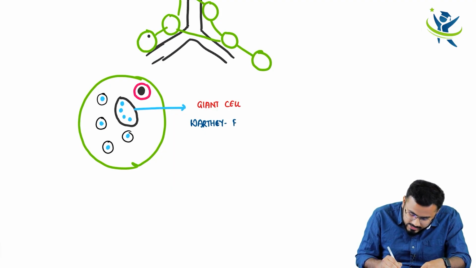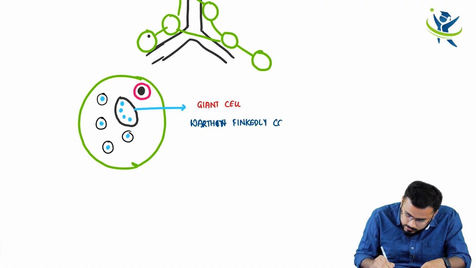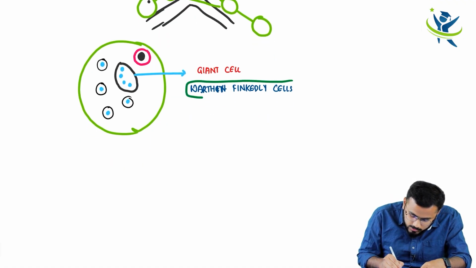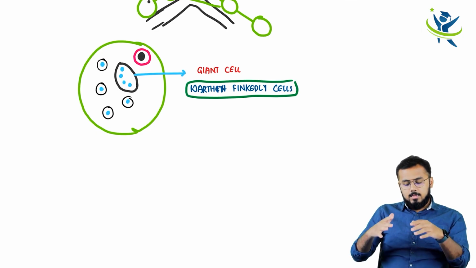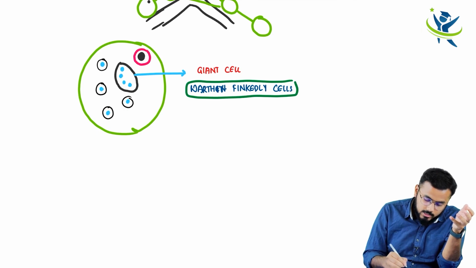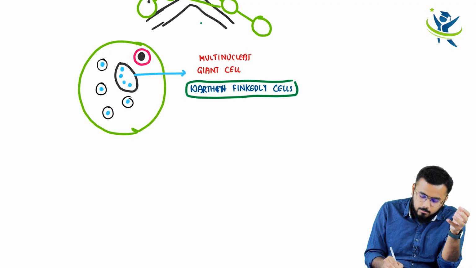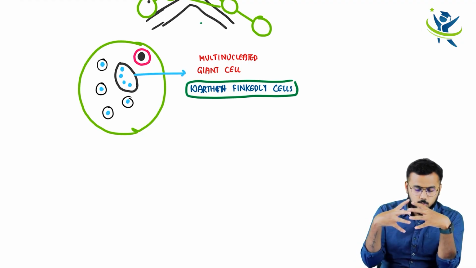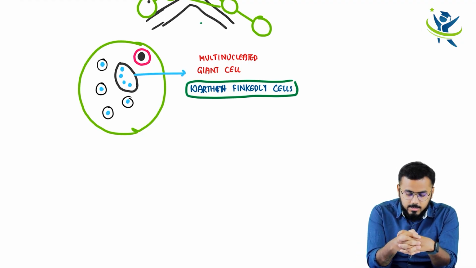Not Warth, it is Warthin. Warthin-Finkeldey cells. Right? So from today onwards, if someone asks you what are Warthin-Finkeldey cells, they are nothing but multinucleated giant cells where all the lymphocytes within the lymph node join together to form these Warthin-Finkeldey cells.